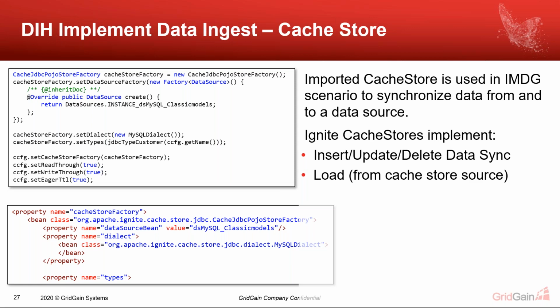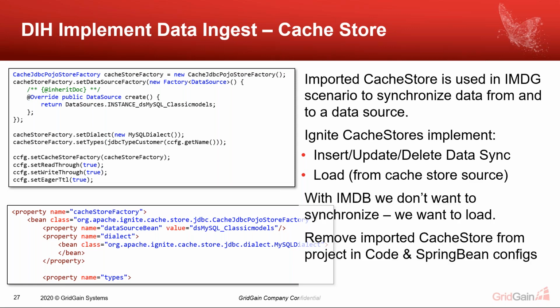So while the cache store supports read, write, and load interfaces with the in-memory database or the digital integration hub, we don't want to synchronize. We're just going to load. So we're going to import those cache stores from the project in both the code and or the Spring Boot configs shown here on the left.